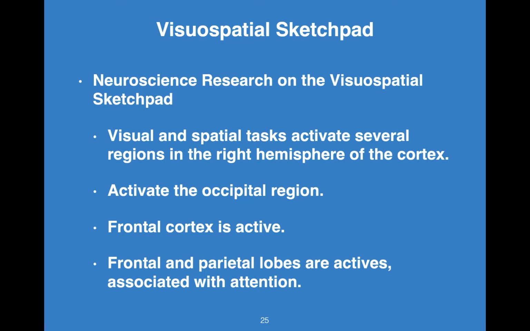Frontal and parietal lobes are activated, associated with attention. The occipital lobe is responsible for visual perception. The frontal and parietal lobes are activated upon visual and spatial tasks. Also, the right hemisphere of the cortex needs to be activated for visual and spatial tasks.